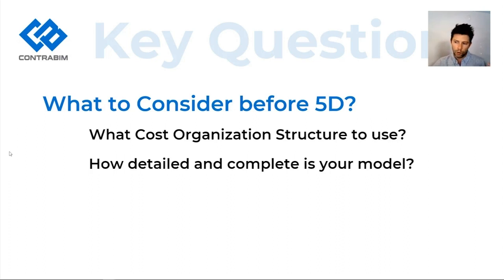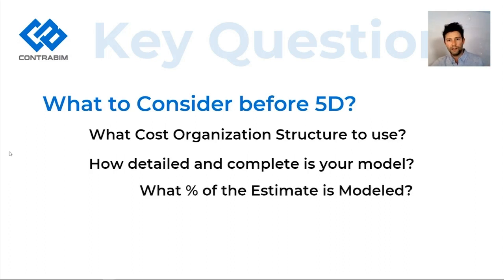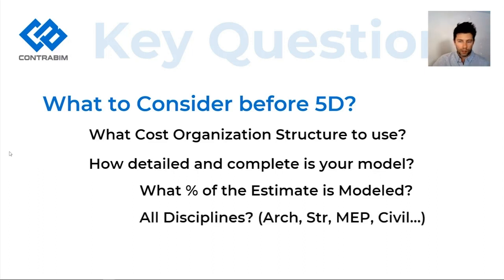This is a question about what percentage of the estimate, when you look at a 100% estimate, can actually be driven by model elements that you create based off the discipline that you are working on. So whether you're an architect or structural engineer or MEP or civil engineer, you have to consider which disciplines are actually modeling to fulfill these 5D estimating scopes.